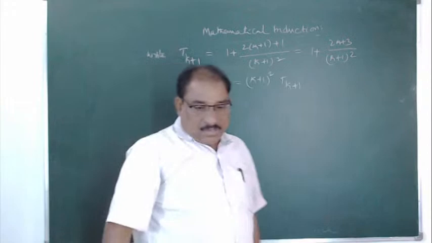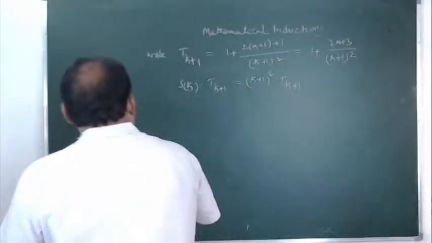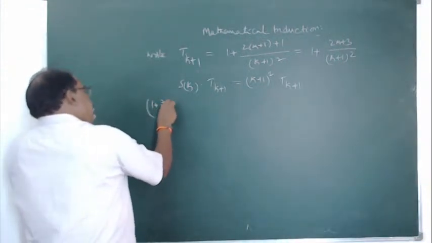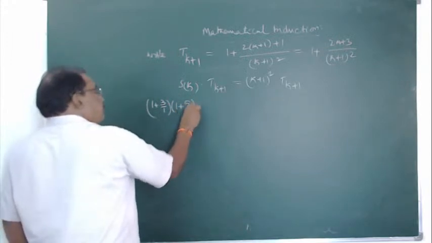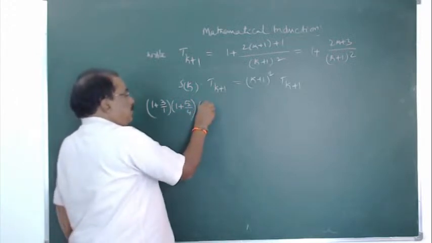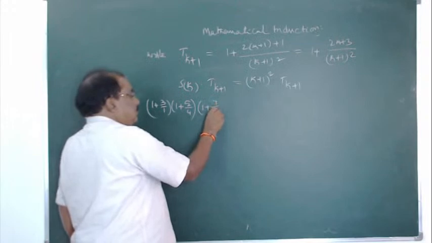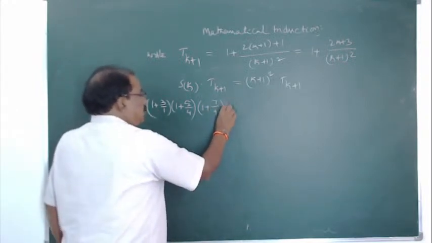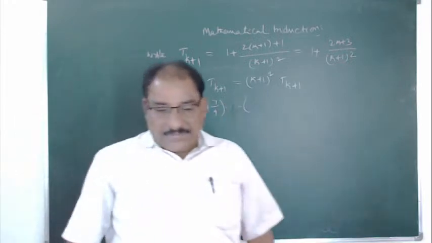What is Sk? Sk is, in the given series, 1 plus 3 by 1, 1 plus 5 by 4. Am I correct? 1 plus 7 by 9. Sorry, multiplication. And so on. What is the kth term?